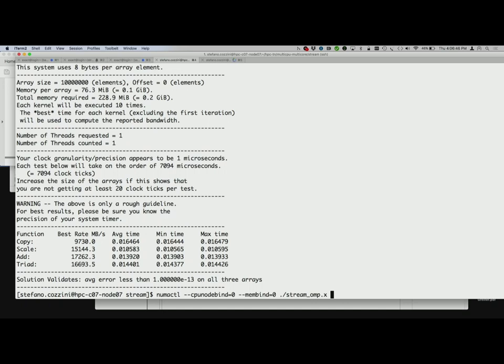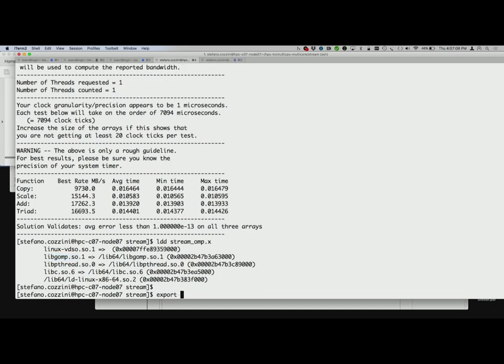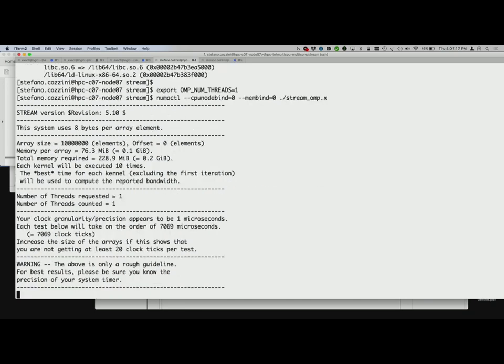Okay, so I'm in the optimal situation, and I'm running stream on this. Don't remember now how many, ldd stream omp.x. This is multi-threaded with the GNU library GOMP. Export OMP num threads was set to 1. Okay, and then I can run this way.